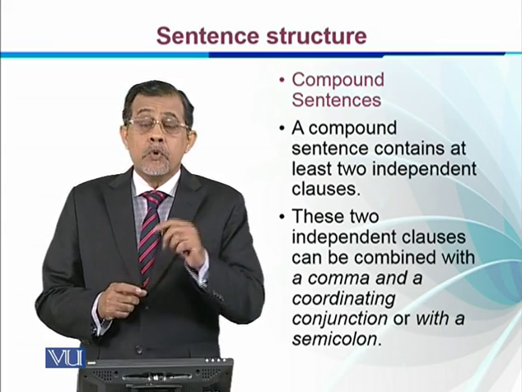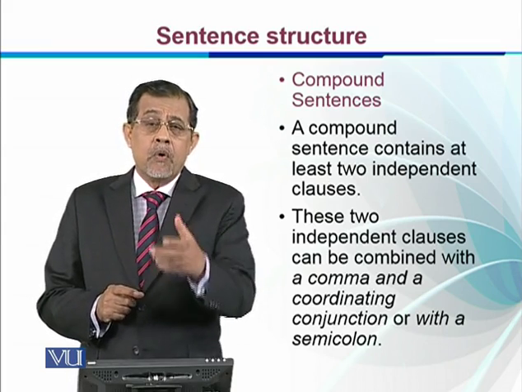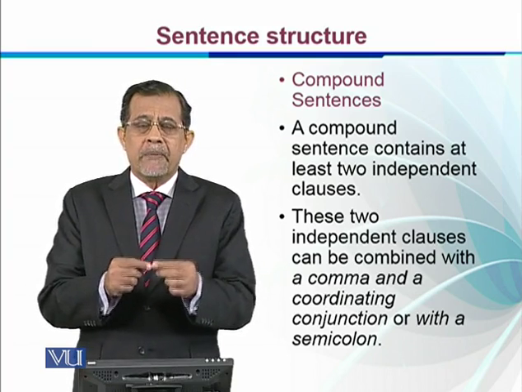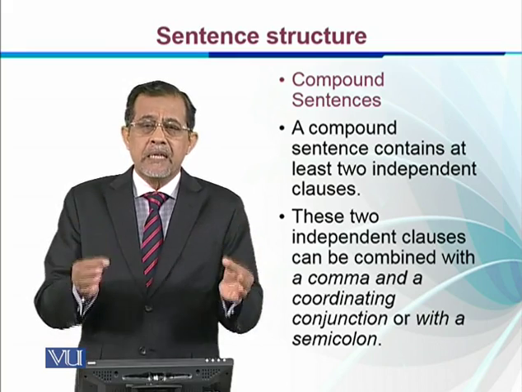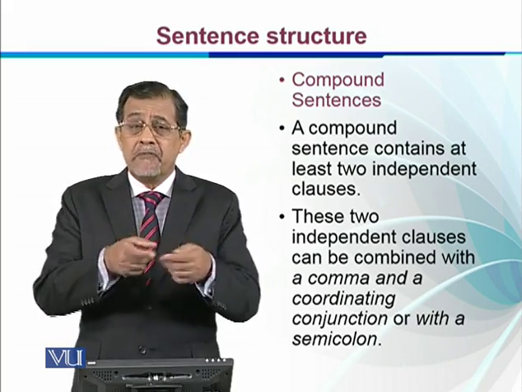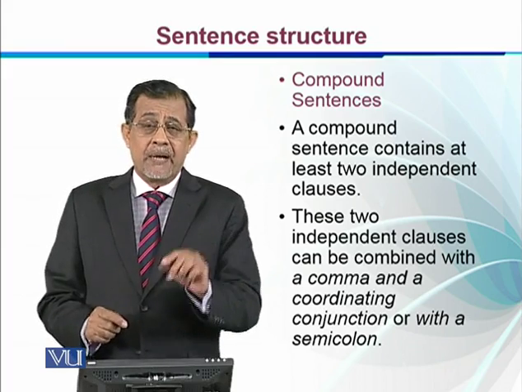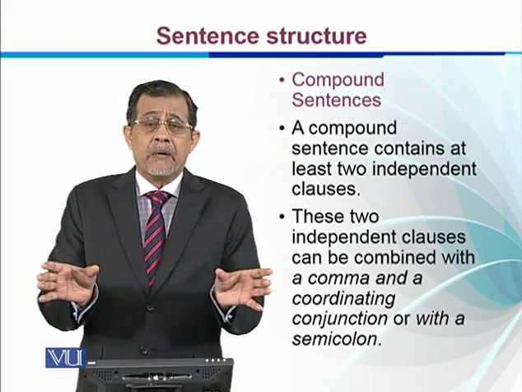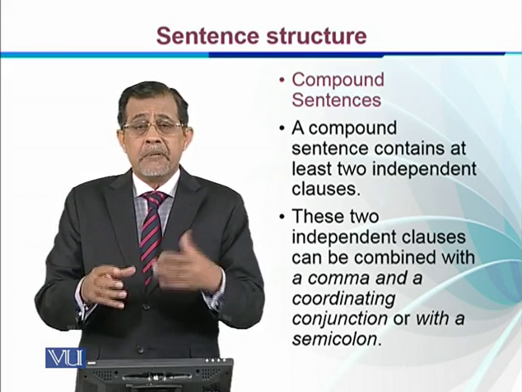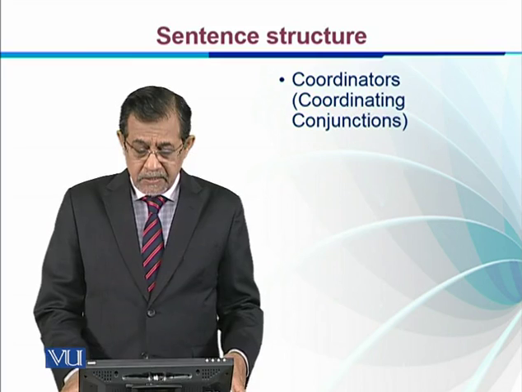But if you use neither a semicolon nor a coordinating conjunction and simply join two clauses with a comma, it will be considered an incorrect sentence. We call it a comma splice. Or if you do not use a comma and simply join two independent clauses, it will be a run-together sentence.